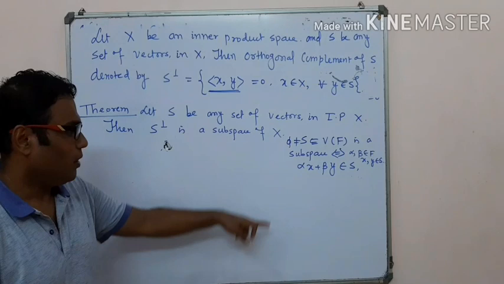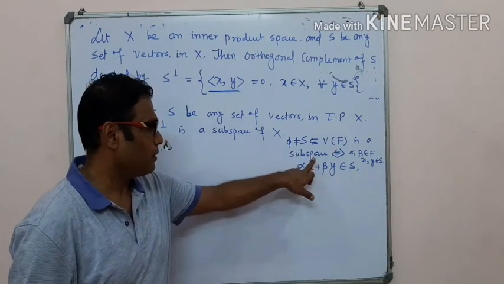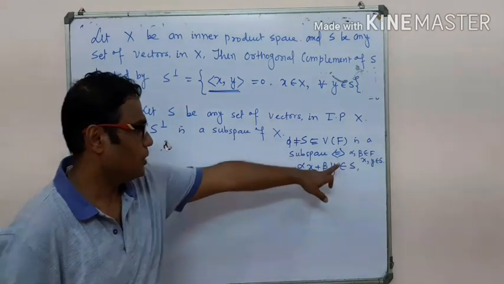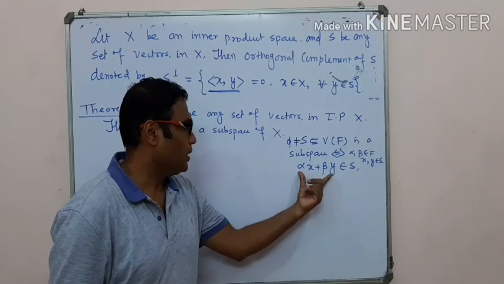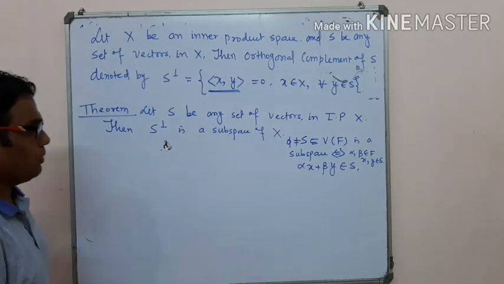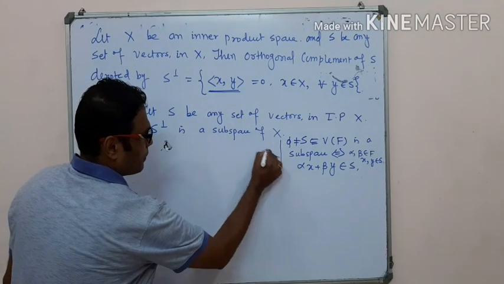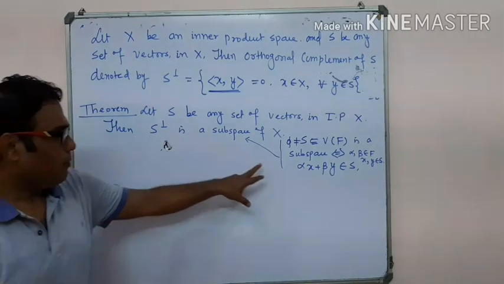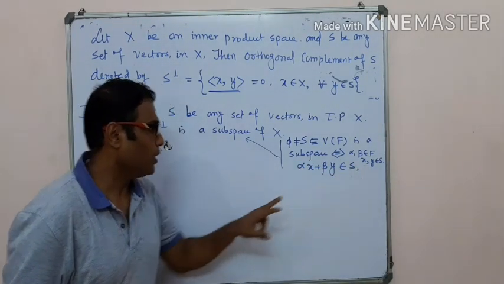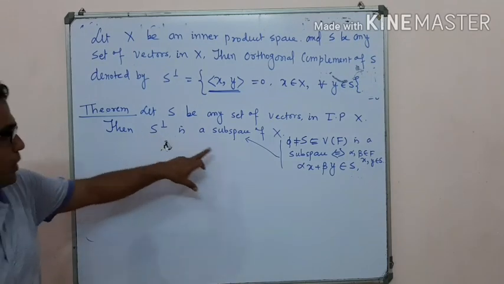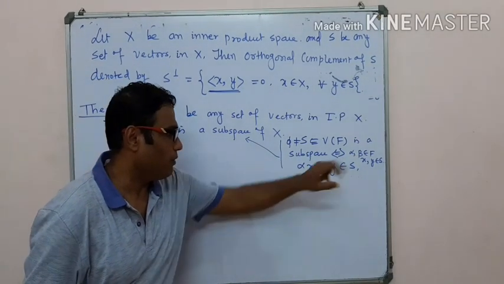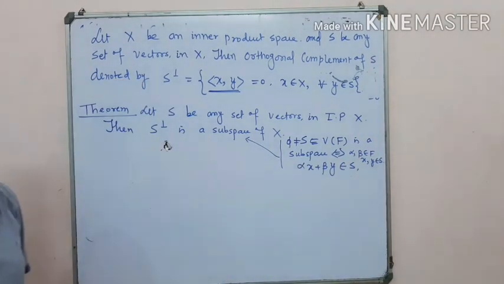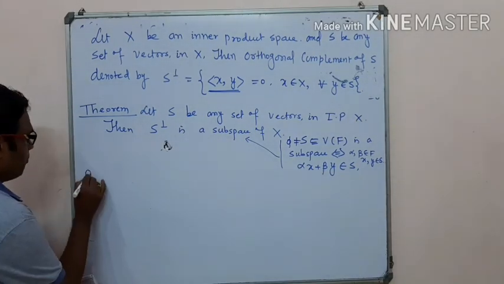A non-empty subset of a linear space is a subspace if for any scalars alpha and beta belonging to F, and two elements x and y belonging to S, alpha x plus beta y belongs to S here. Using this concept, we prove this theorem. So we need two elements in the complement. We take any two scalars, let alpha and beta, and we prove that this particular expression belongs to S complement. Now the proof of this theorem is very simple.